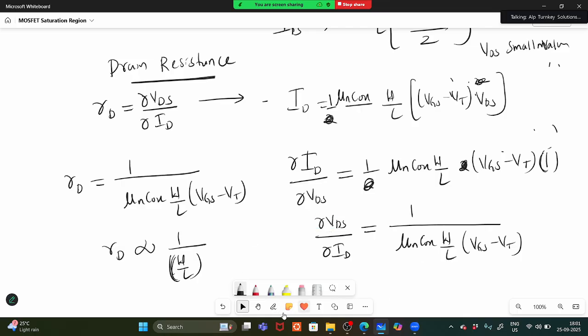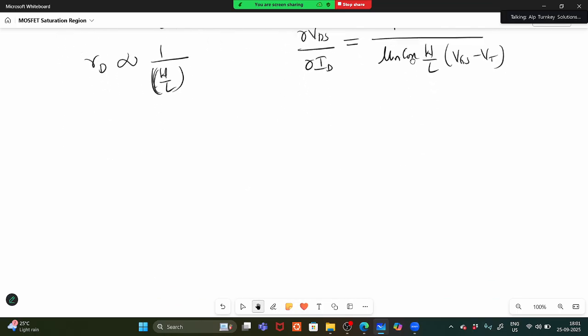Next is transconductance. What is transconductance? Transconductance is gm.